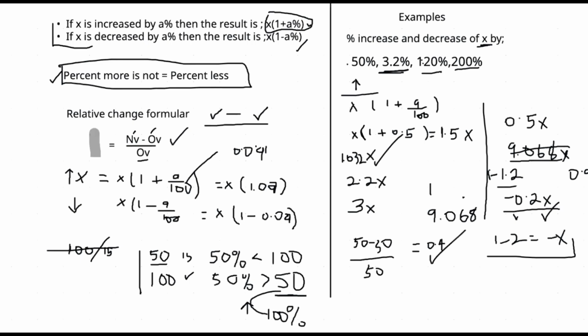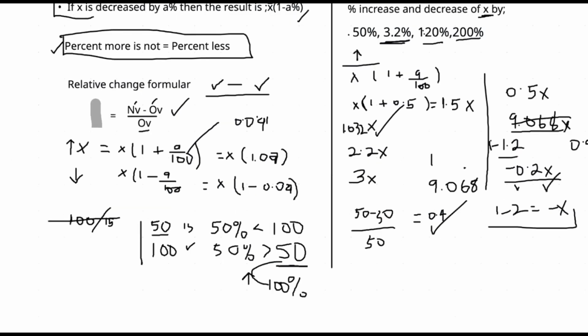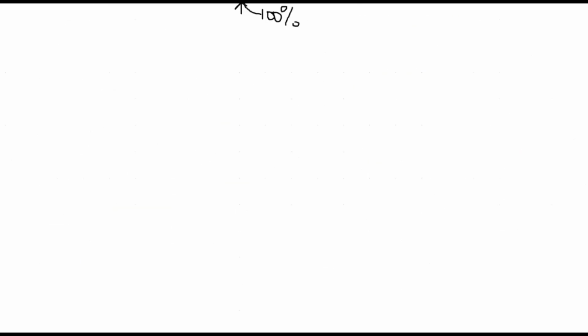So immediately you have the value, it's very simple. Let's say a number has been increased by 500%. What do you multiply by the number to get your result? You just divide this by 100, you have 5. You add 1 to it, you have 6. Then you multiply the 6 by your value.